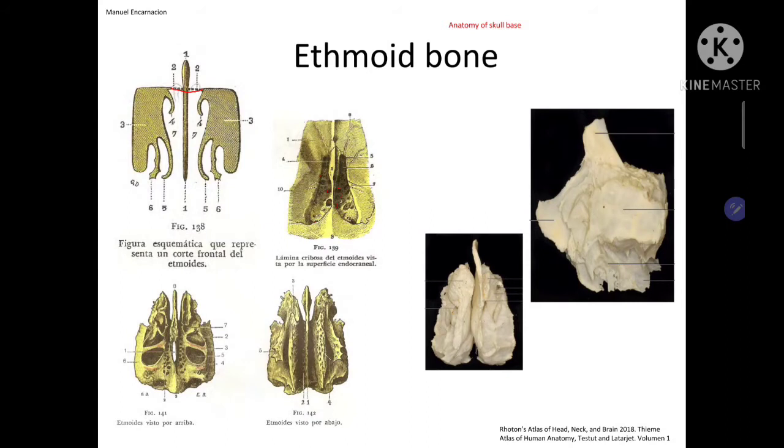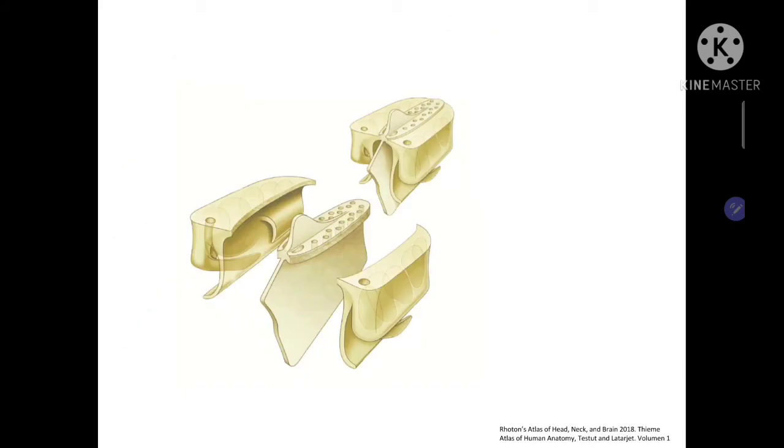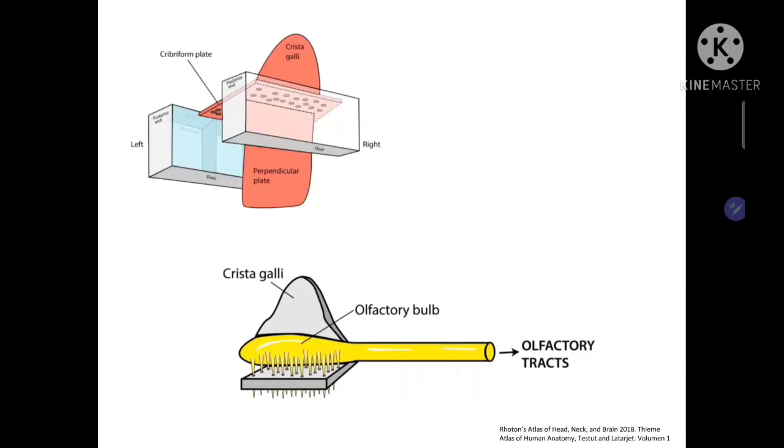You can see all these foramina. It's a quadrilateral plate. These foramina are channels that run from anterior to posterior for the olfactory nerve branches.